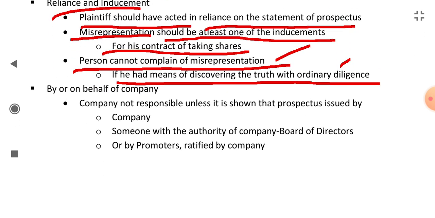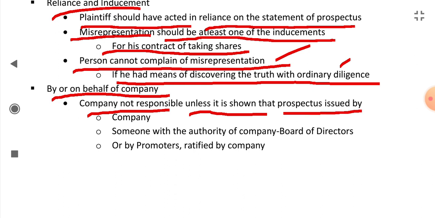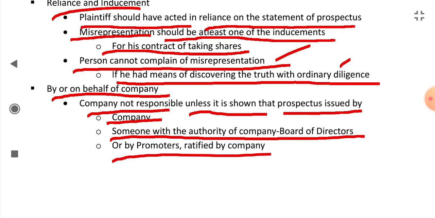By or on behalf of the company. A company is not responsible unless it is shown that the prospectus was issued by the company or someone with the authority of the company, like the board of directors, or by promoters ratified by the company.